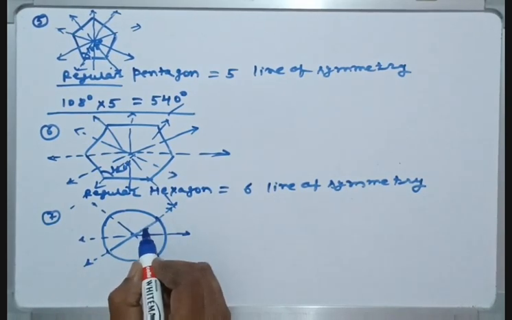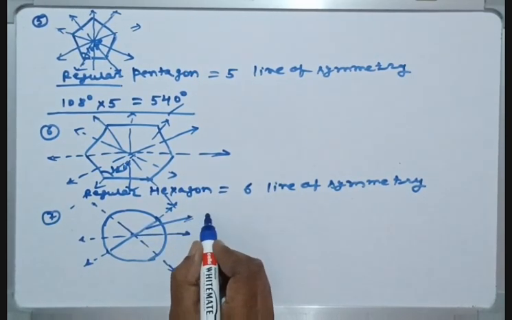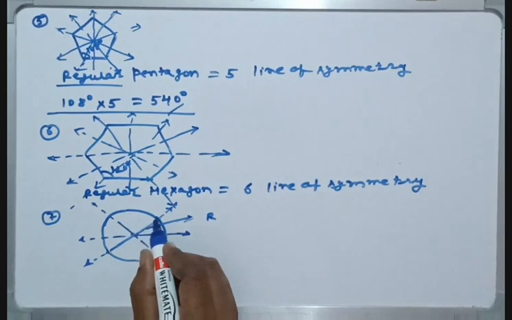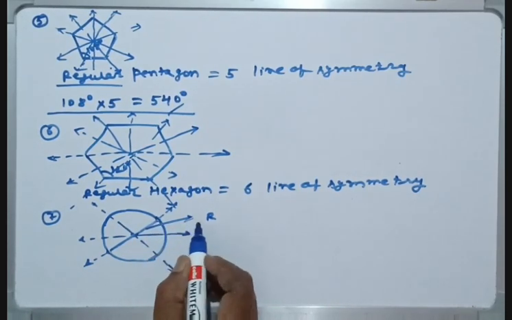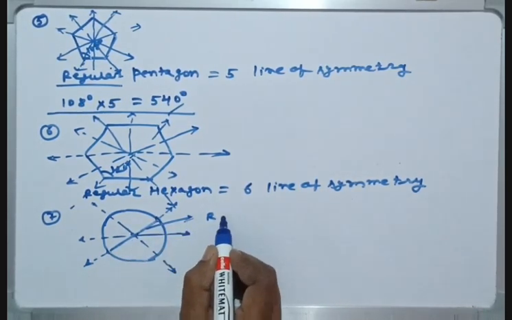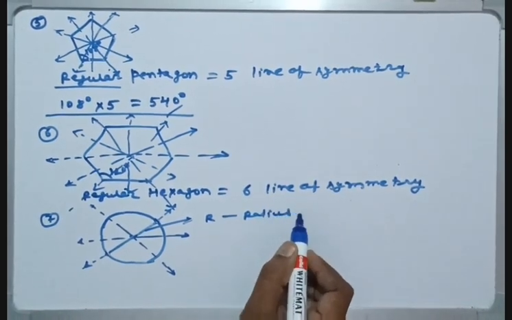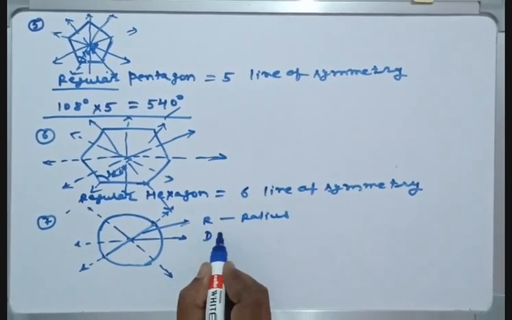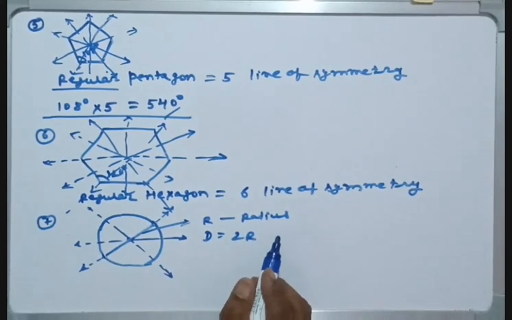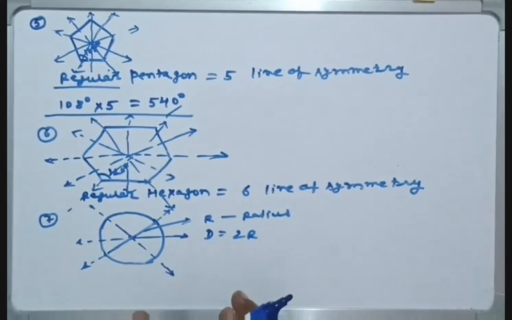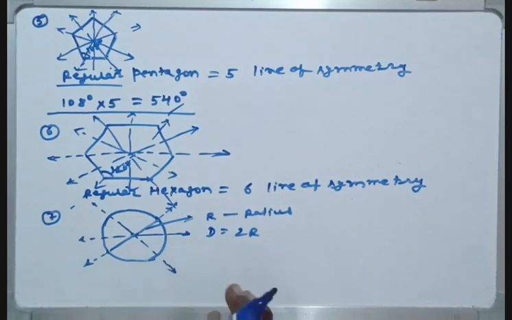Okay, if the radius is r, suppose the distance from here to here is r, then this is called the radius, and d is the diameter, which is 2r. Okay guys, we will see more detail later.